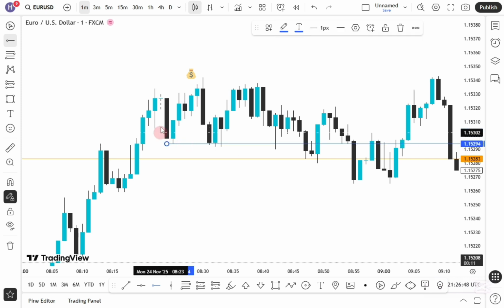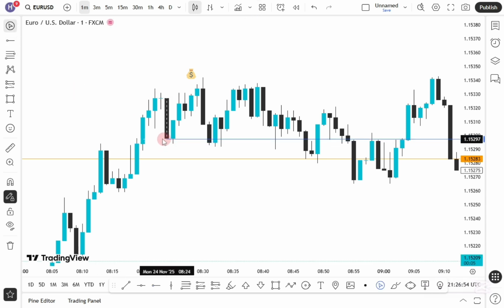So this is a block, for example. This bearish candle is what makes it a block, and this one also makes it a block. Why didn't I choose this as my block?